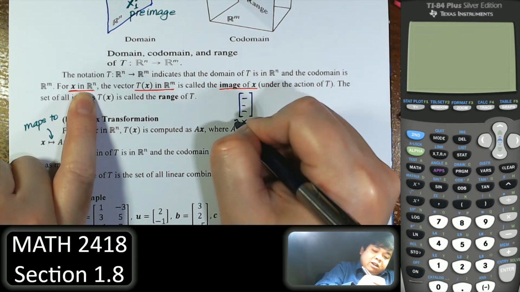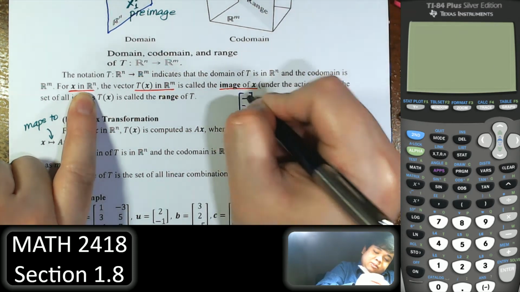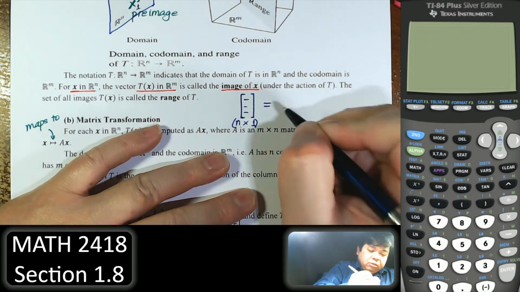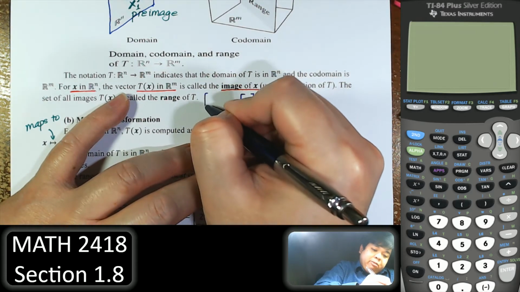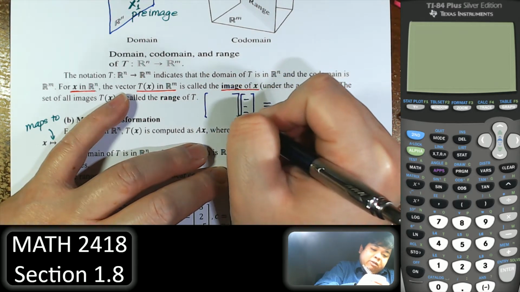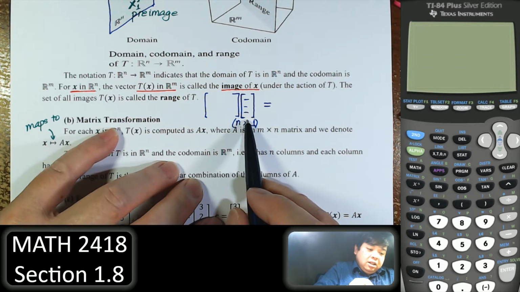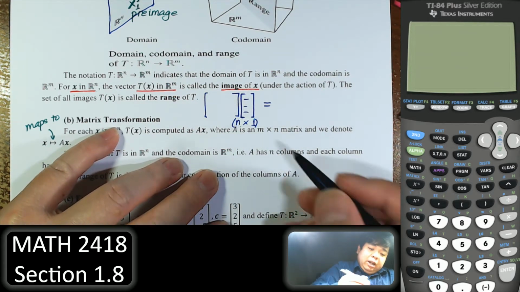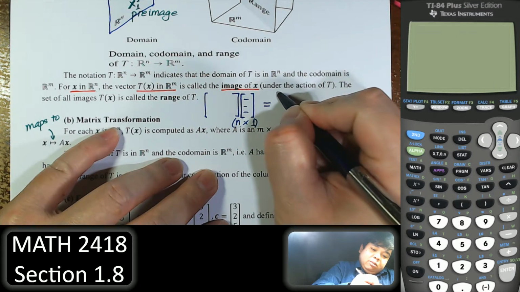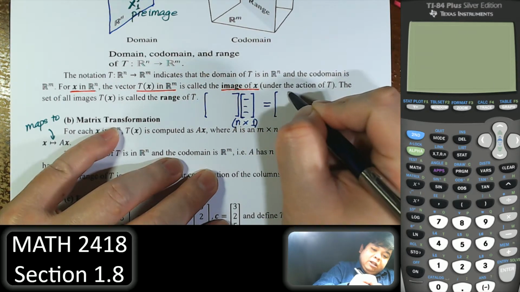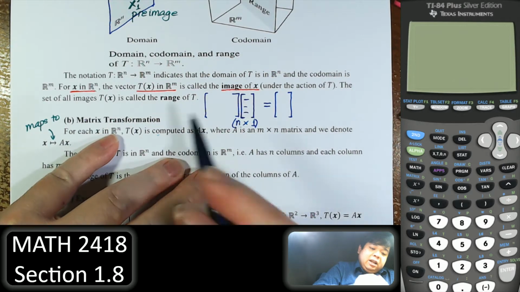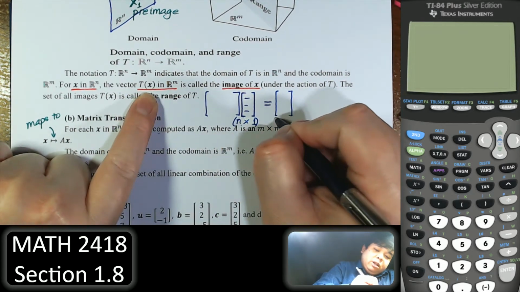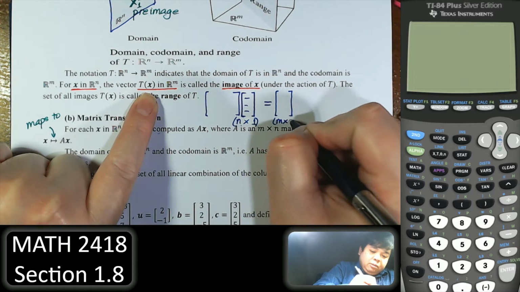It is multiplied by a matrix in front of it, and we get a vector T of x, which is in Rm, so it is m by 1.